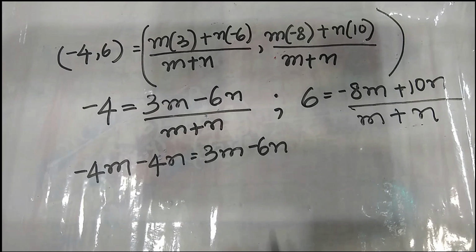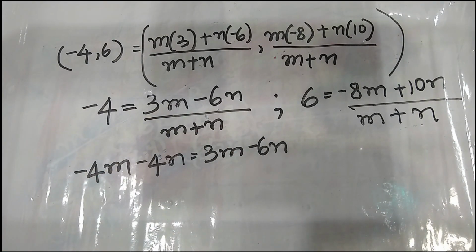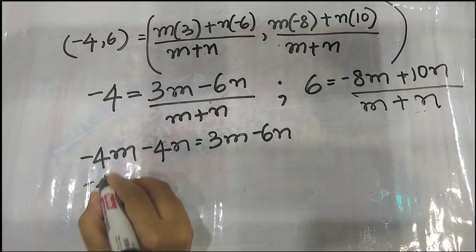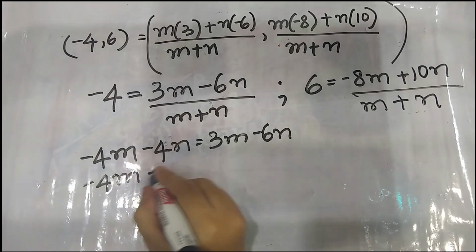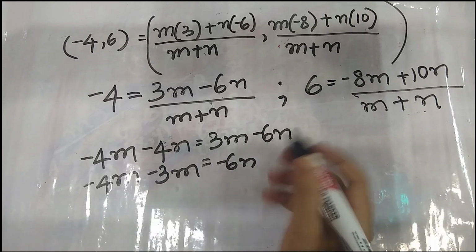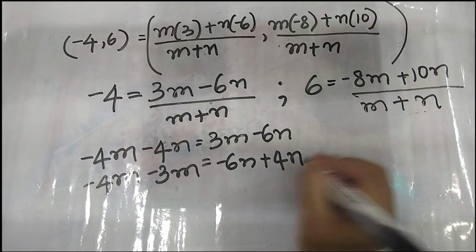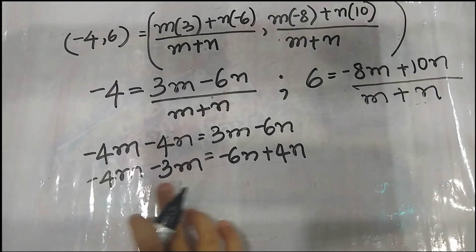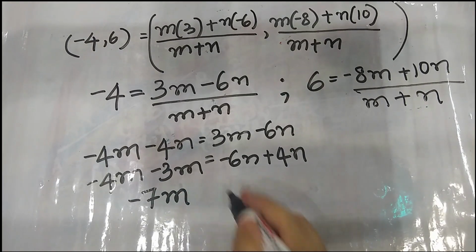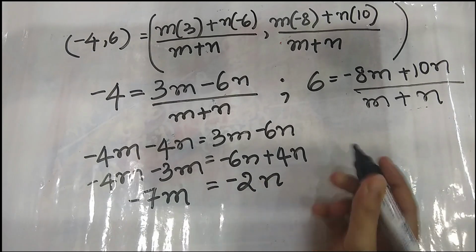Now what you can do here is take the m to one side, take the n to the other side according to your convenience. So what we do is minus 4m and take this here, so this becomes minus 3m is equal to minus 6n remains here, we just have to bring this here, so minus 4 becomes plus 4m. Alright, so minus 4 minus 3 becomes minus 7m is equal to minus 6 plus 4 is minus 2n.